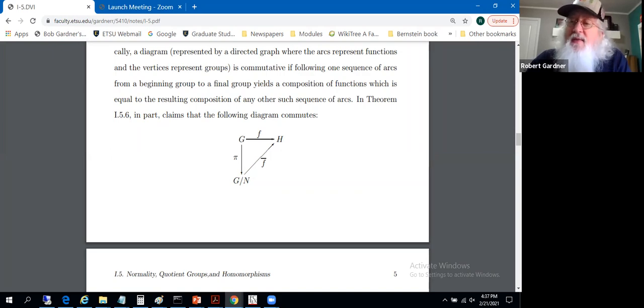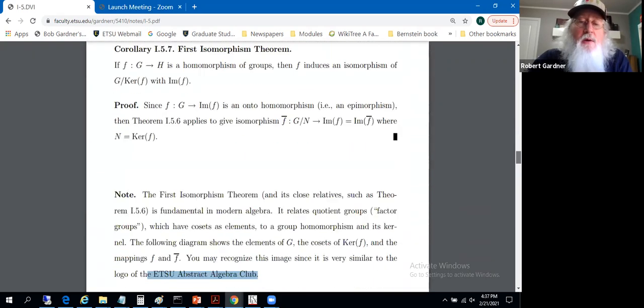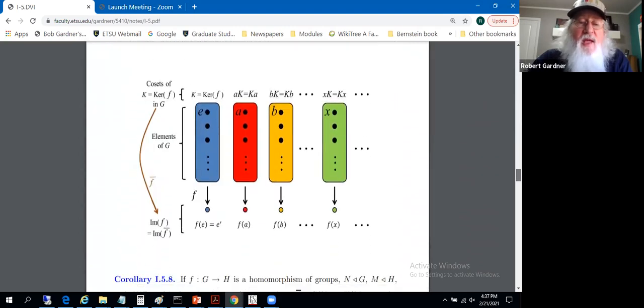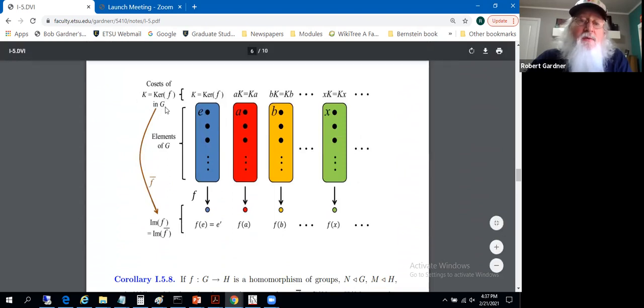So see if we can get that part out of the picture. Okay, F bar maps the cosets of K in G, the kernel in this case, down here into group H, onto the image of F or the image of F bar.